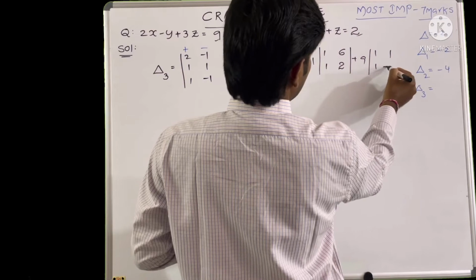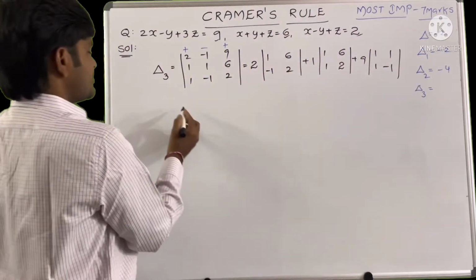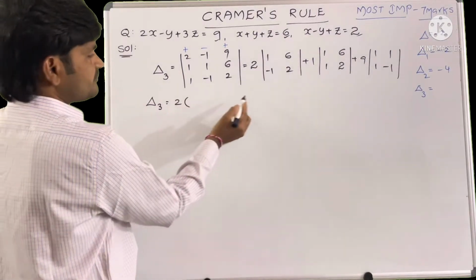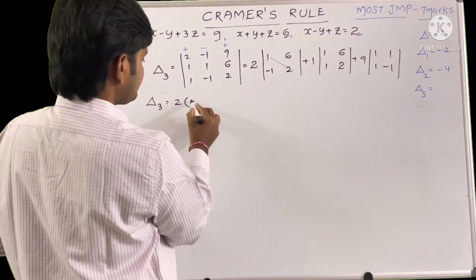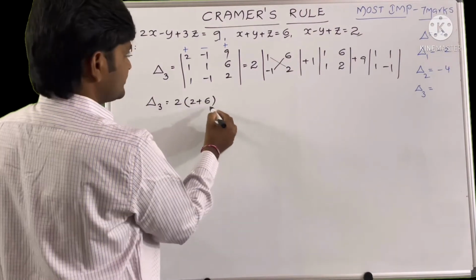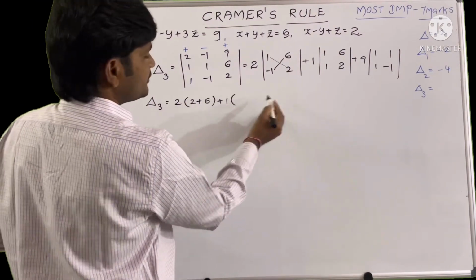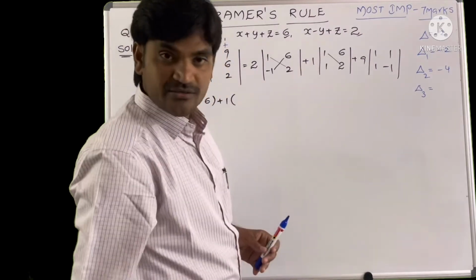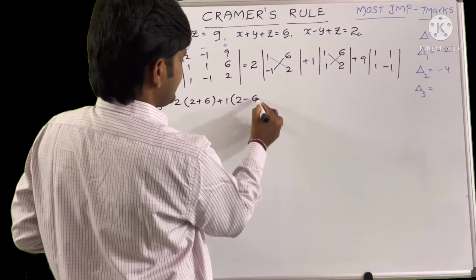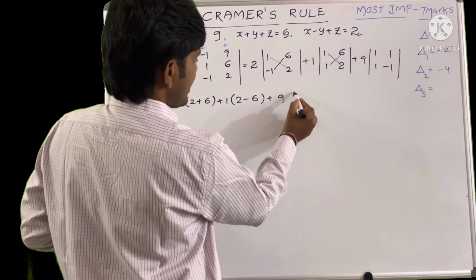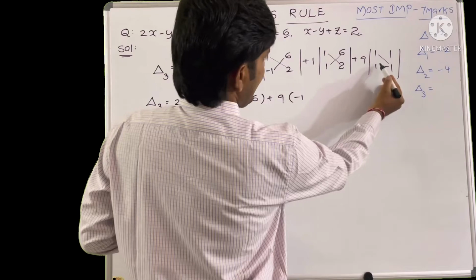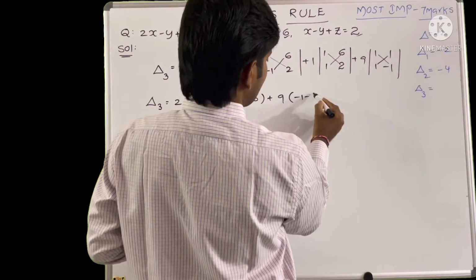Now the expansion: delta 3 is 2 into 2 plus 6, plus 1 into 2 minus 6, plus 9 into minus 1 and minus 1.